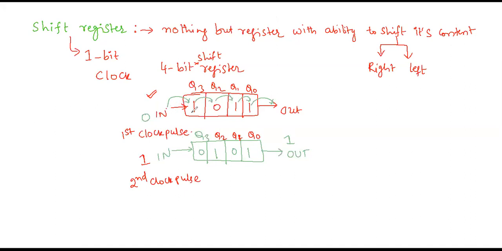The input value will come to Q3, the Q3 value comes to Q2, and so on. Here we are discussing the right shift register. So the input value comes to Q3, here 1. The Q3 value comes to Q2, 0. The Q2 value goes to Q1, 1. Next 0, and 1 will come outside.